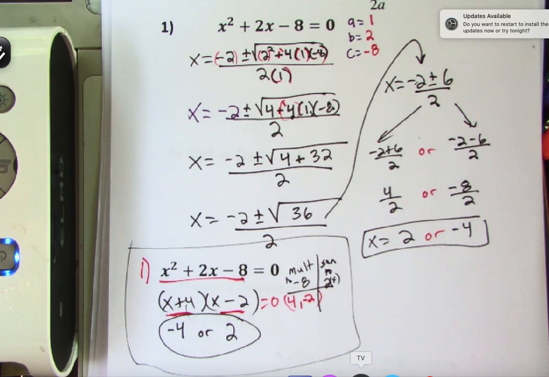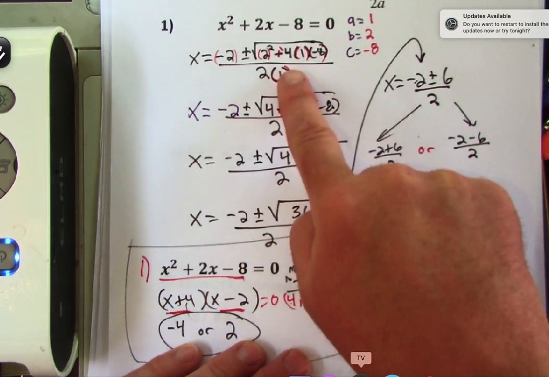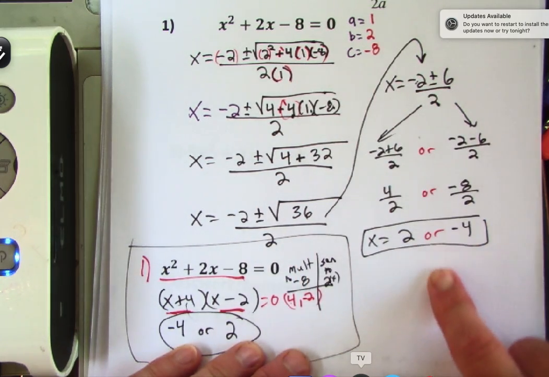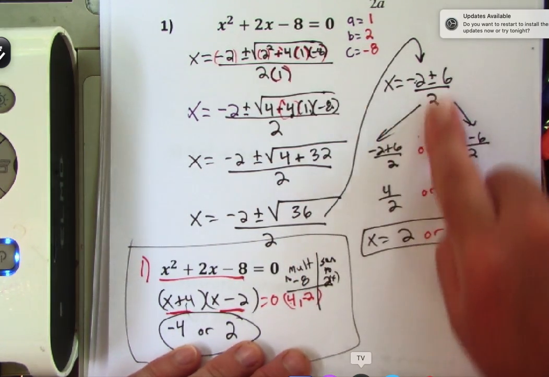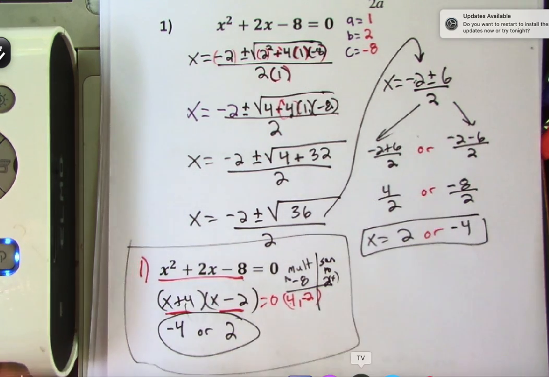You could see all the work it takes to use the quadratic formula. What if you made one subtraction mistake or one addition mistake? You would get the whole thing wrong, even if you did all this work. But if we had tried to factor, we'd be like, oh, got it. 2 steps, 3 steps. So factoring is why we learn it, because sometimes it's just easier to factor.